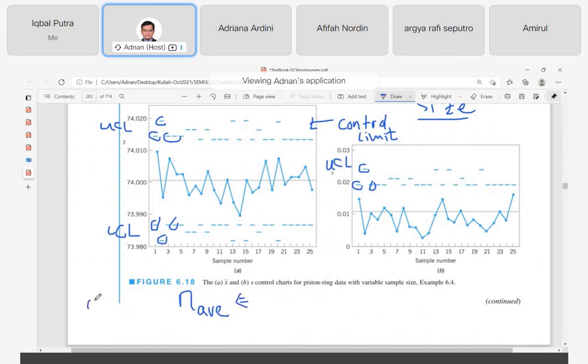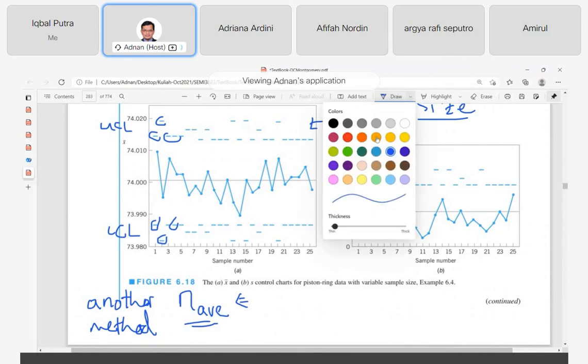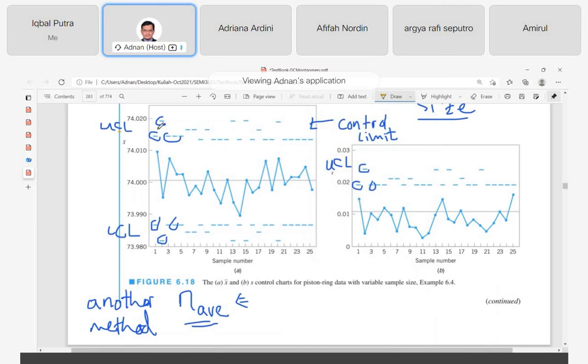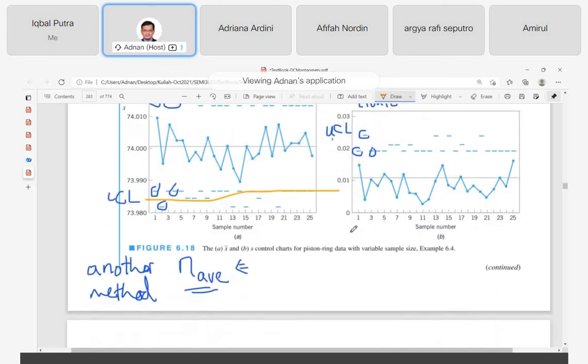So if you take the n average, you may have just one line, and also here maybe one line. This is coming from the n average rather than the n individual.